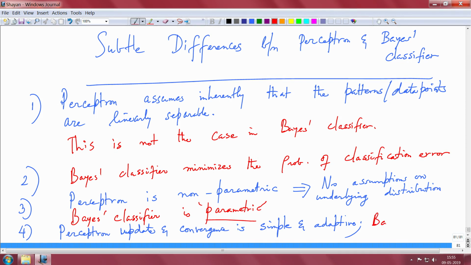Whereas Bayes is not. For example, if I have to figure out under different covariance matrices, etc., then I may not get a nice form like what I had, but the perceptron can classify, but Bayes I will have to derive from first principles and really have to figure out what needs to be done.